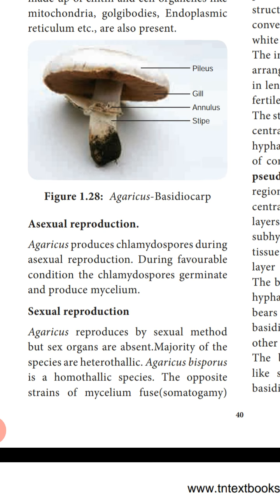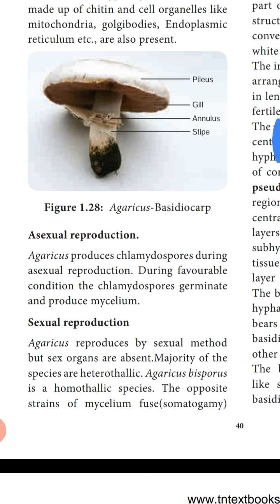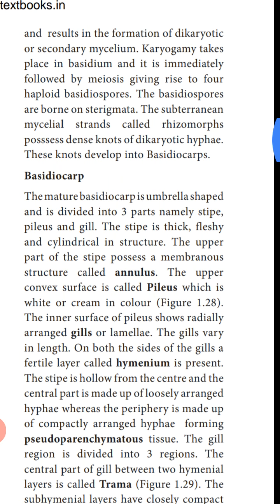Homo means same, and thallus is the plant body. So if the two fusing hyphae are from the same thallus, it is called homothallic. If the two fusing hyphae are from two different plant bodies, two different fungi of the same species, then it is called heterothallic. Now the fusion of opposite strains of the mycelium is called somatogamy. As we have already studied, only the vegetative hyphae fuse, and only the cytoplasm fuses, not the nuclei.